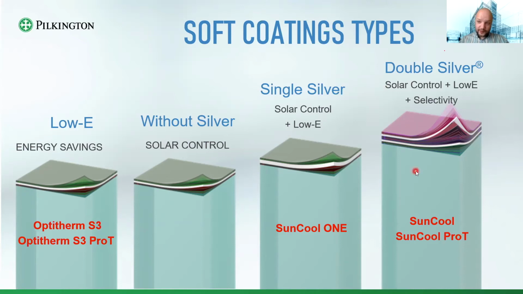The more silver you have, the better the properties, the better the numbers. And with the double silver, you can get a truly selective glass. What is selective glass? I will tell you right after that. For the single silver, we have the SunCool 1 product range, and double silver is our headliner, the top products. They're called SunCool or SunCool Pro T for the temperable versions.